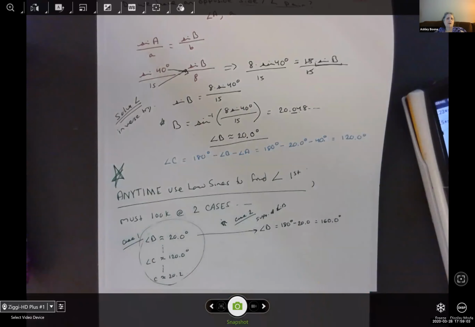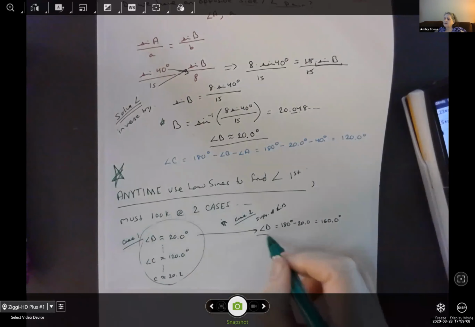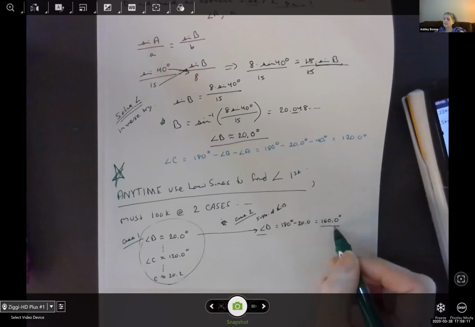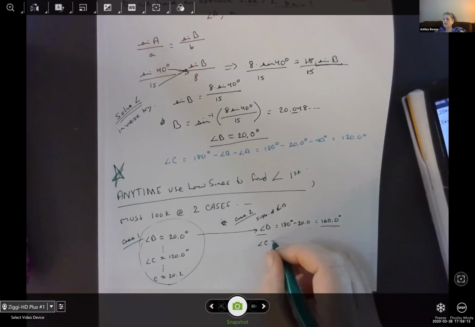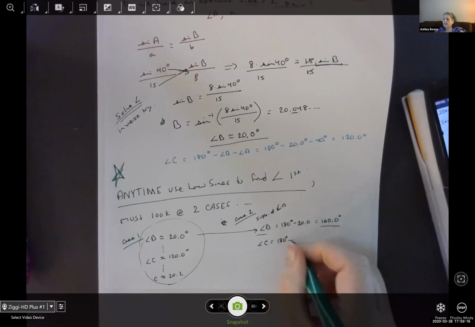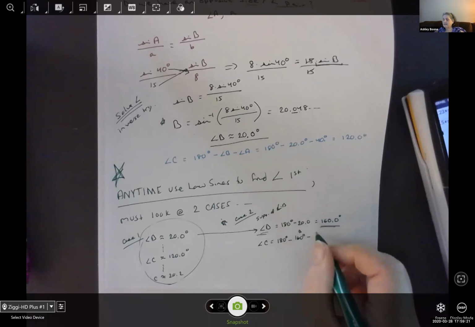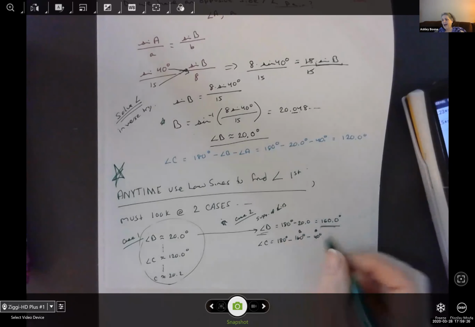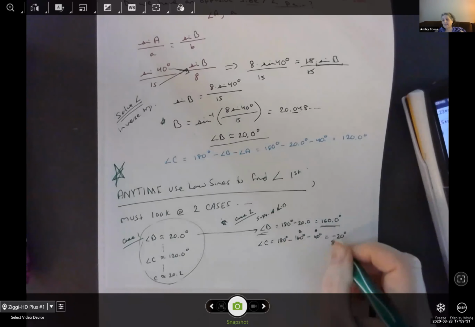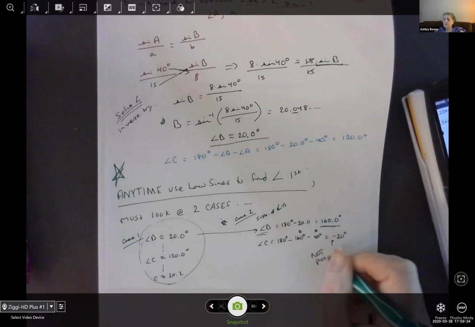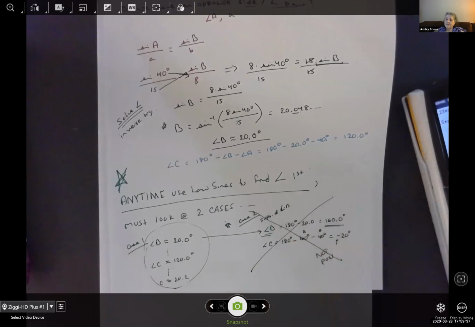I'll look at a graph to show you the reason, but we have to look at this case. So if angle B is 160, remember how we got angle C? We got it by taking 180 degrees minus angle B minus angle A, which was 40 degrees. Notice if I do this, I get negative 20 degrees. A negative, that's not possible. So for this problem, case two does not work. This is our only solution.